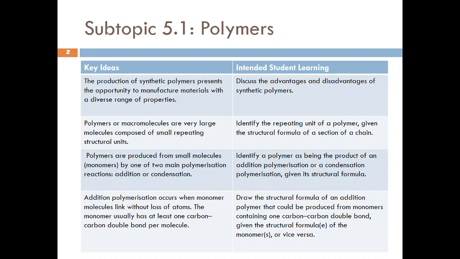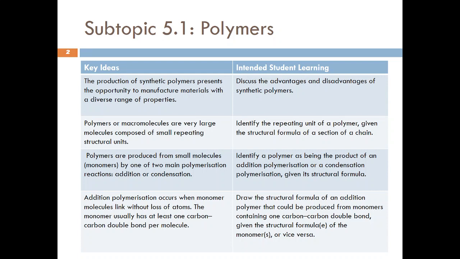Okay. All right. So intended student learning again. Discuss the advantages and disadvantages of synthetic polymers, as you saw yesterday in the factory. Identify the repeating units of polymers given the structure formula of a section of a chain, very similar to protein that we've already done.